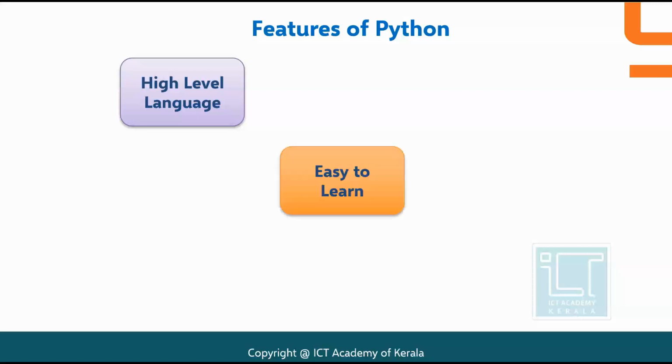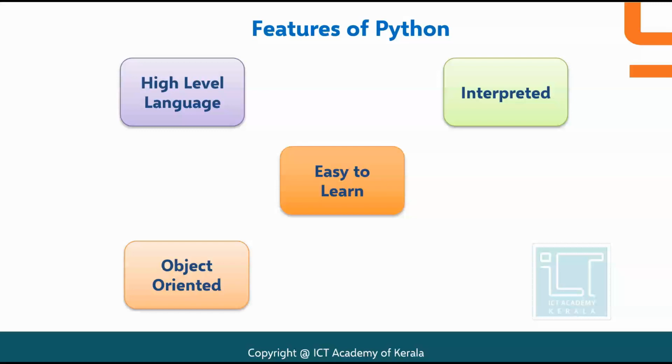The next feature is, as I mentioned, it is very easy to learn. Python is called an interpreted language because it goes through an interpreter, which turns the code written in the high-level language into a language understood by the machine's processor. Another one is, in Python, you can tackle the basics of object-oriented programming.